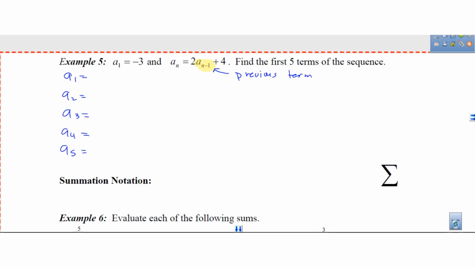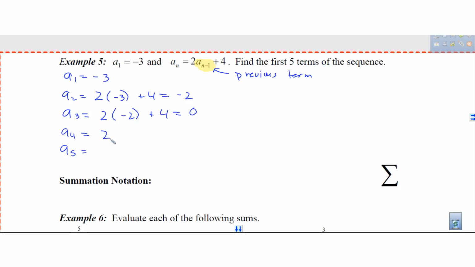So I know the first one's a negative 3. So the next one is going to be 2 times the previous term, which is a negative 3, plus 4. That's a negative 6 plus 4, which is a negative 2. Do the next one. 2 times the previous term, which is a negative 2, plus 4. That's negative 4 plus 4, which is a 0.